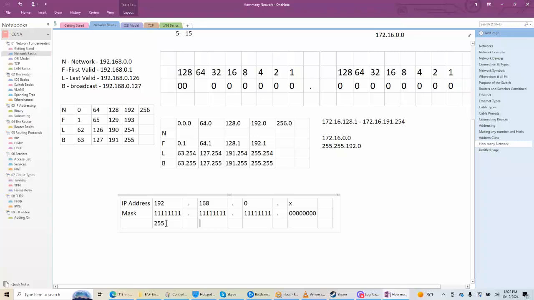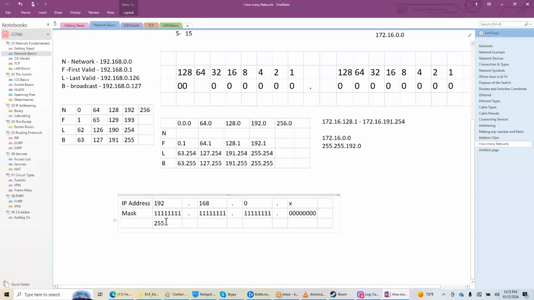Whatever octet is set to all ones, whatever number our mask is matching on, because every octet, like the first octet, is literally telling TCP/IP what to do with the first number in the octet of an IP address.